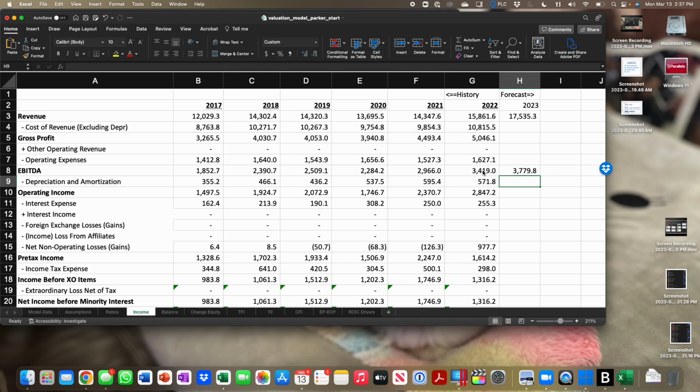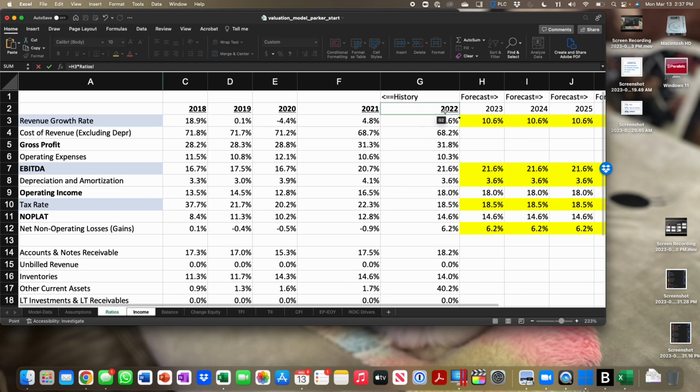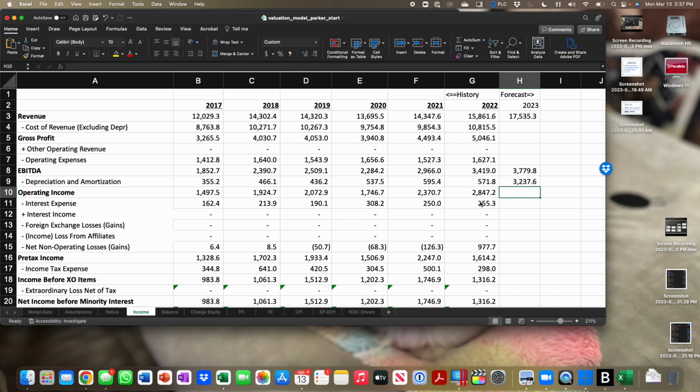Okay. The next line item is depreciation. Same concept. You're going to notice we repeat this a lot. Equals 2023 forecasted revenue, H3, times, from the ratios, H10, the tax rate. Oh, sorry, depreciation, wrong number.